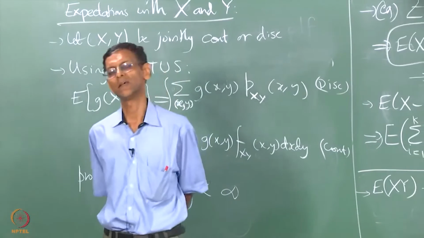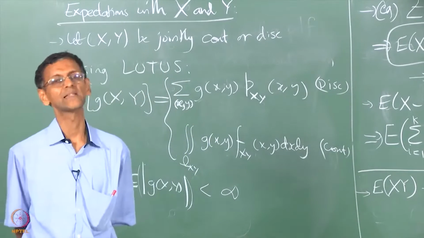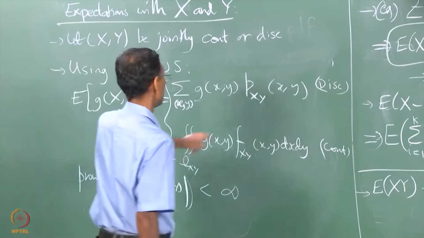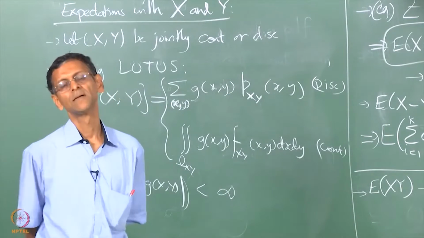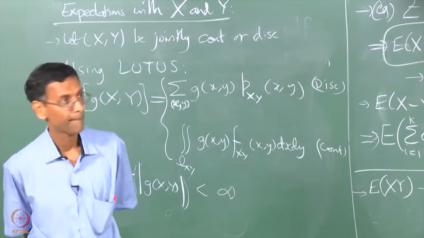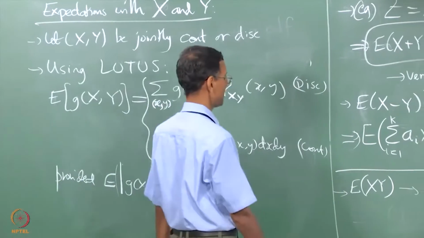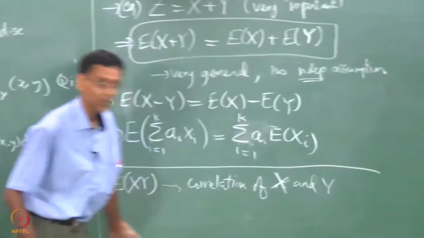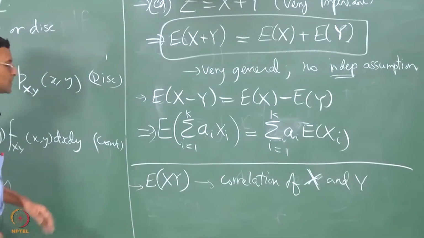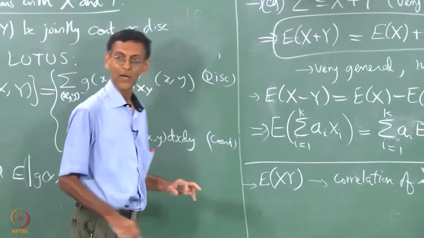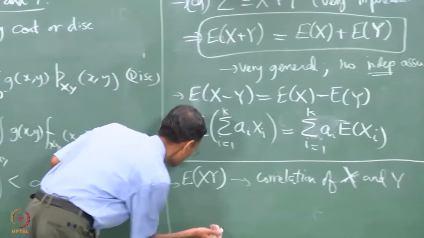You can simplify only in the case that this joint is a product of the marginals, i.e. x and y are independent. So when x and y are independent, I am hoping that whatever I write at the bottom here is fully recordable.